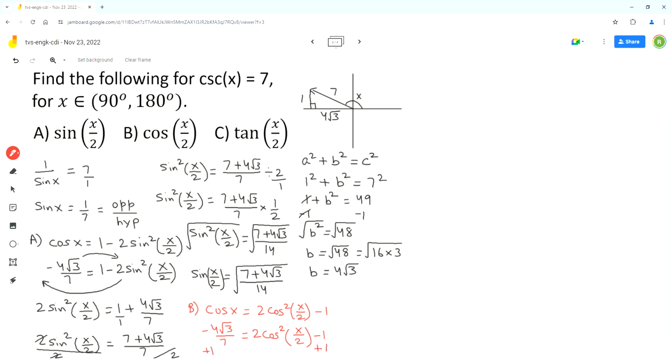The ones on the right side get cancelled out. Now we can combine the terms on the left side. The common denominator is 7. Now we can divide both sides by 2. The 2's on the right side get cancelled out.